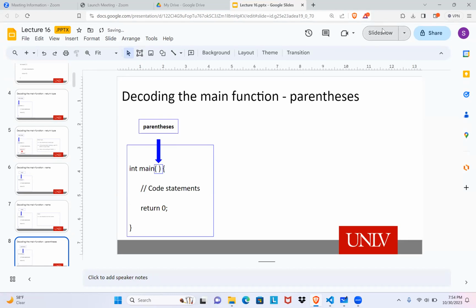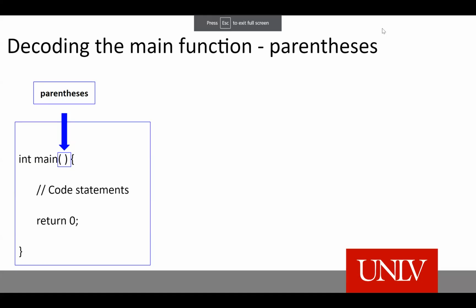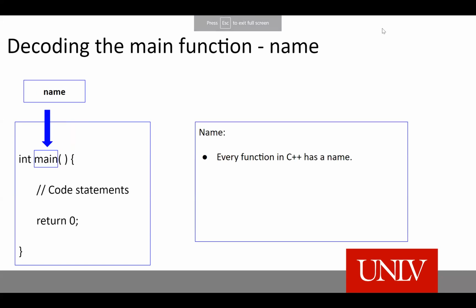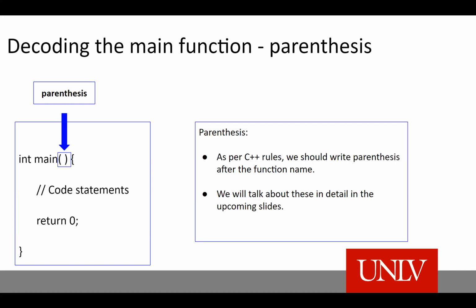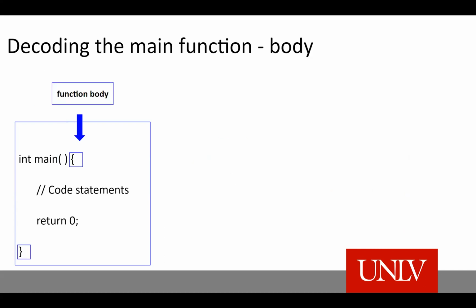So every function, right after the function name, should have parentheses. And these parentheses we'll talk about in detail, but as of now, the rules of C++ tell us that we have to use these parentheses right after main.